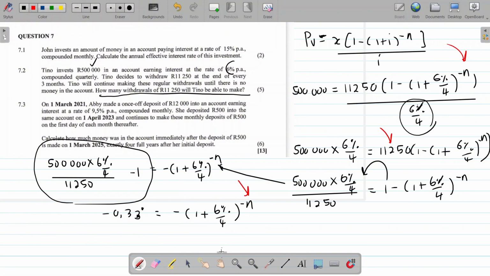I'm looking for N. To make my exponent the subject of the formula, I know that I need to use logs. But before I use logs, I'm going to get rid of these two negatives in front. So I'm going to have 0.3 recurring over here, and then 1 plus 6% over 4, all raised to the power of minus N.